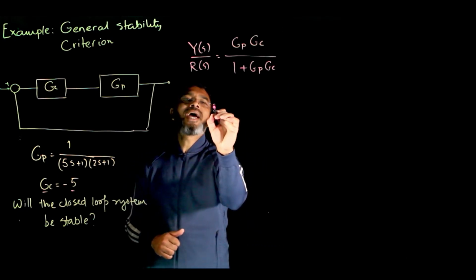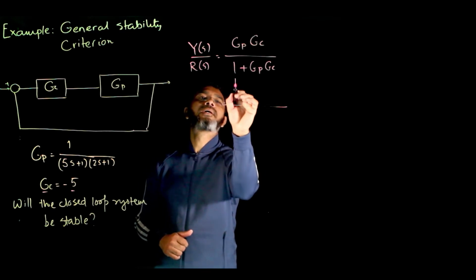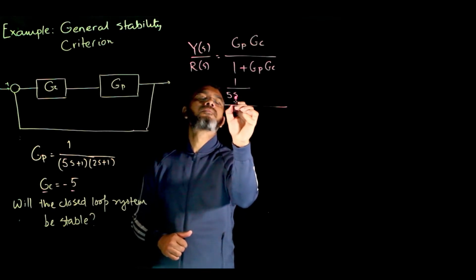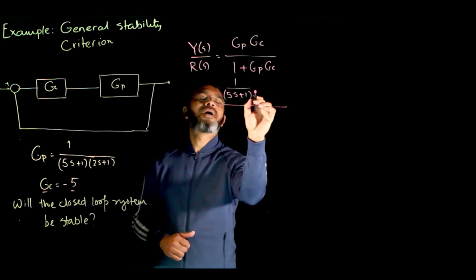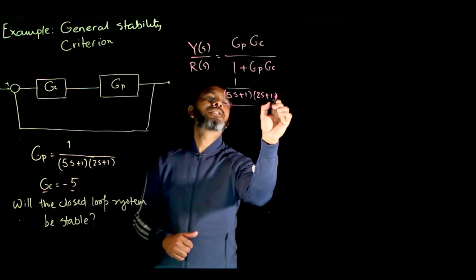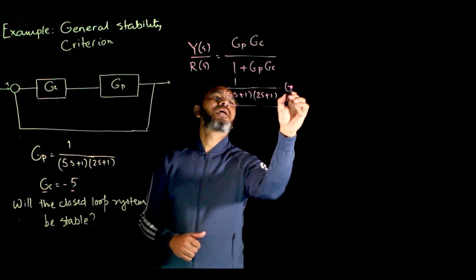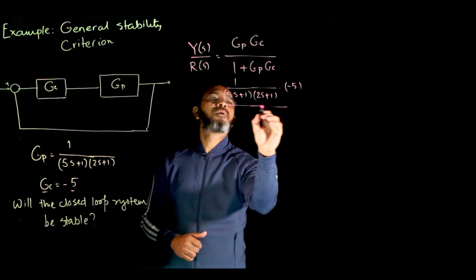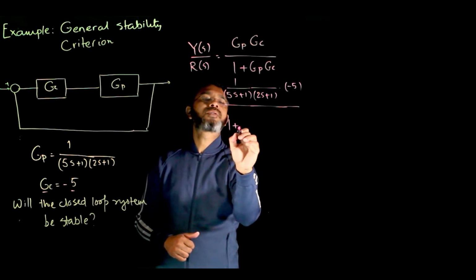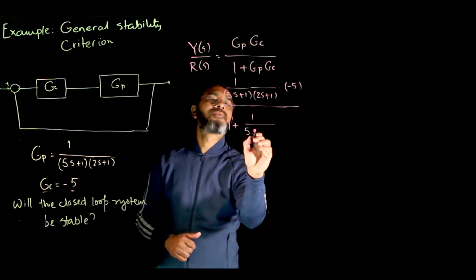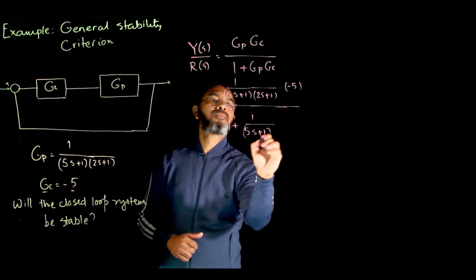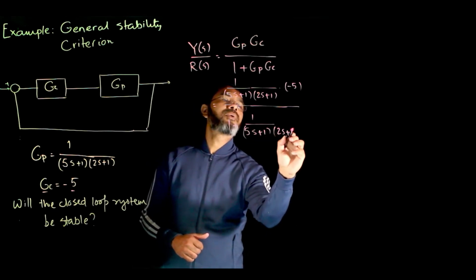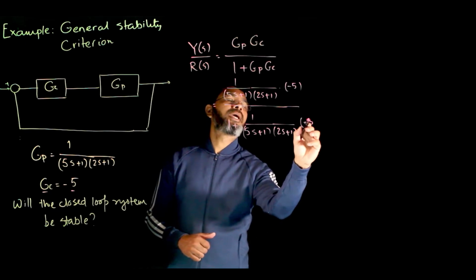So we plug in these values, and we'll end up getting 1 over (5s plus 1)(2s plus 1) times -5, over 1 plus 1 over (5s plus 1)(2s plus 1) times -5.